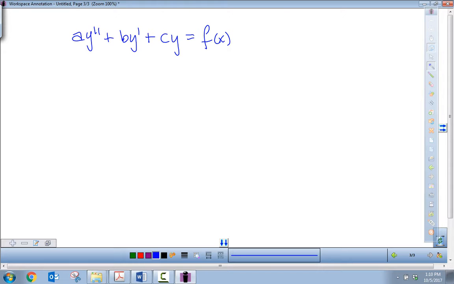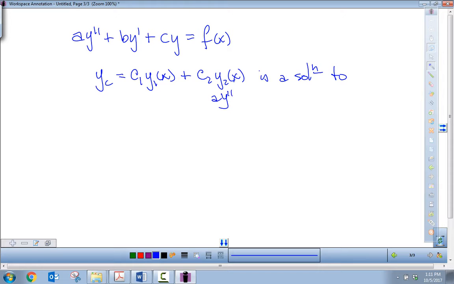And so far we know that y sub c, which is equal to c1 y sub 1 of x plus c2 y sub 2 of x, is a solution to the homogeneous differential equation.